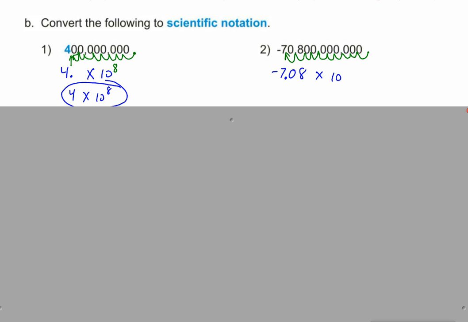Didn't it end up right there? So how can you get that wrong? I didn't see hardly any of you counting. That's how you figure out the exponent. It's a 10. Negative 7.08 times 10 to the 10th.